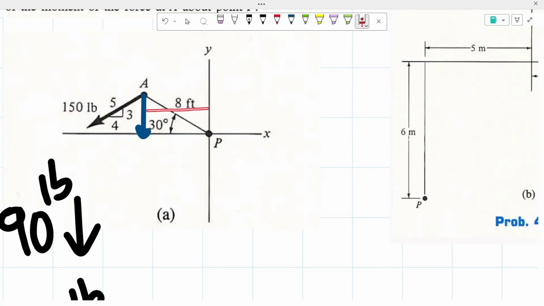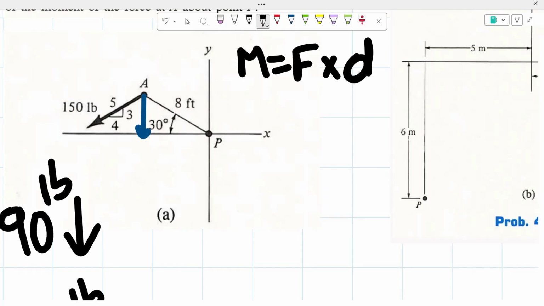We need to remember that moment is equal to the force times the distance. We already know the force, which is the 90 pounds. Now we have to find that distance, and that distance is right here, but it's not given to us.